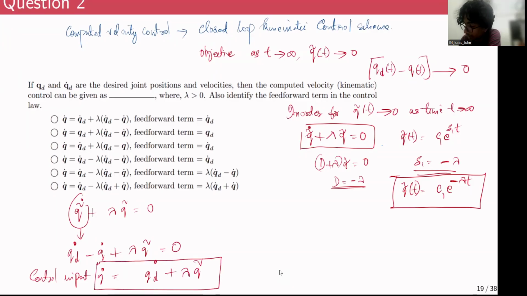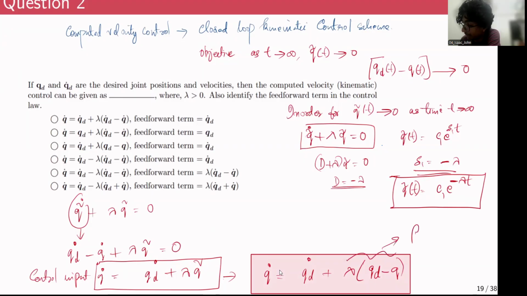And you can also rewrite this in the following way. Q dot would be q desired dot plus lambda multiplied by, in place of q tilde, q desired minus q actual. And as we have said earlier, this term is basically the feedback term, because it has q, which is the actual position obtained from the sensors.